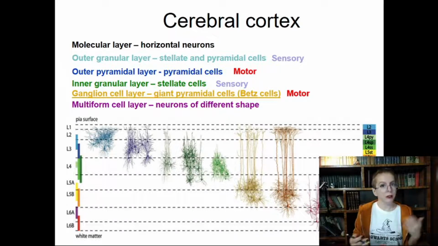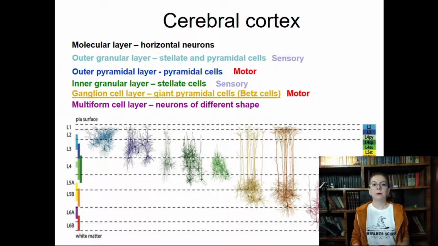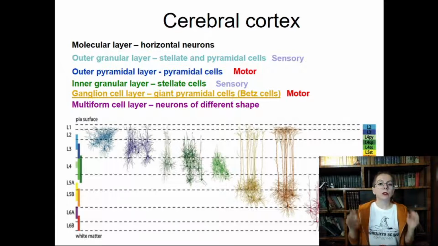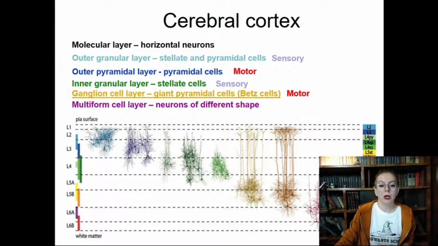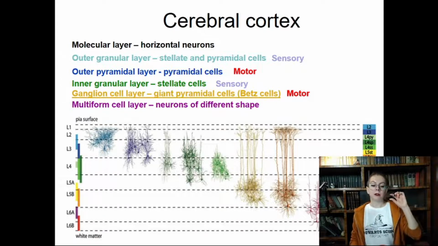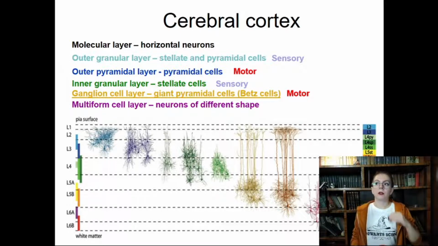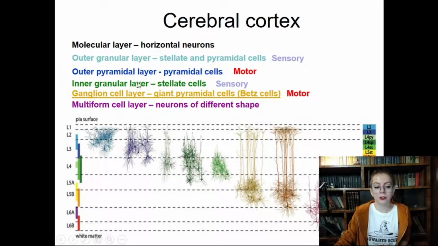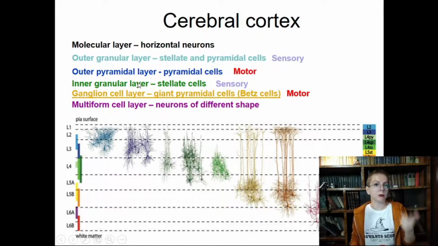The difference is that, as you already know from physiology and anatomy, sensory layers accept the information, while motor function means that neurons send the information from the cortex to the subcortical structures. And respectively, if we take the brain cortex from different regions, in those regions responsible for motor functions, pyramidal layers would be more developed, more thick, more prominent than granular layers.